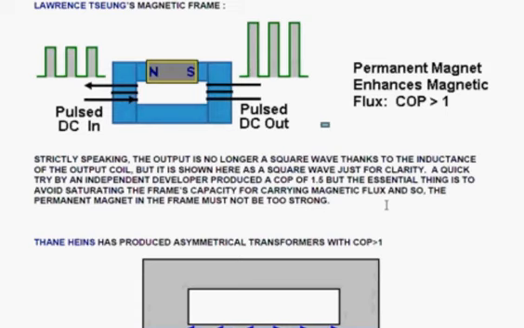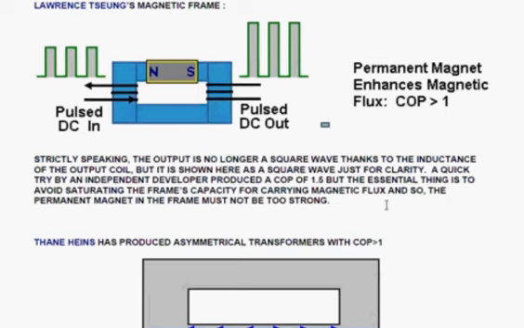So the limitation on something like this is low power. You have to have a frame big enough to carry the magnetic flux that's flowing through the frame itself. This is a well-proven design. It's been proven by people on a forum, and one of the people testing this got an immediate coefficient of performance of 1.5.